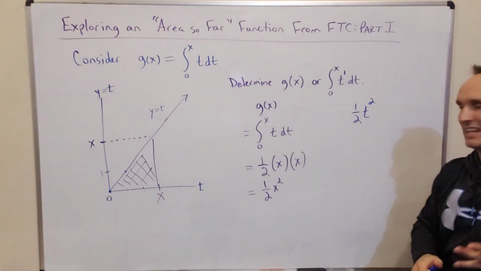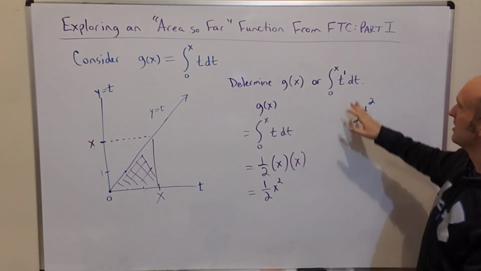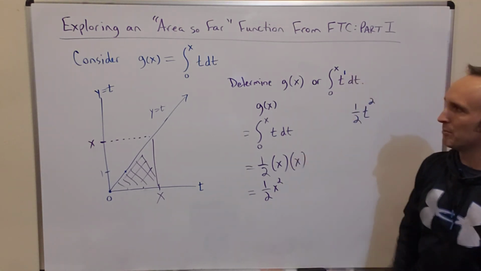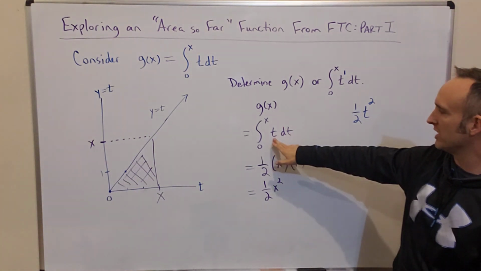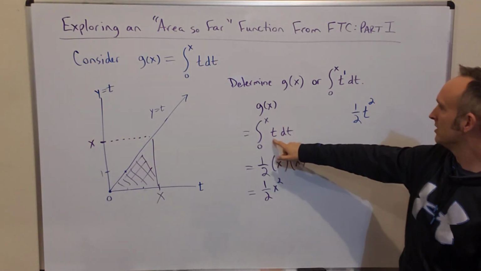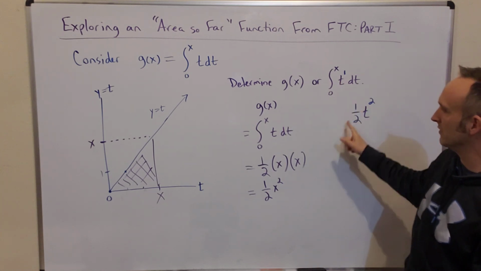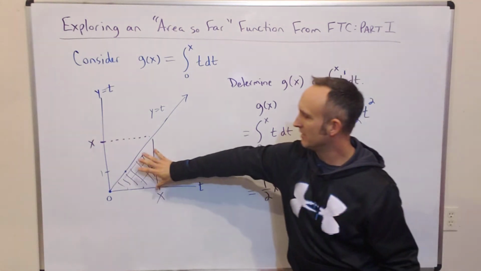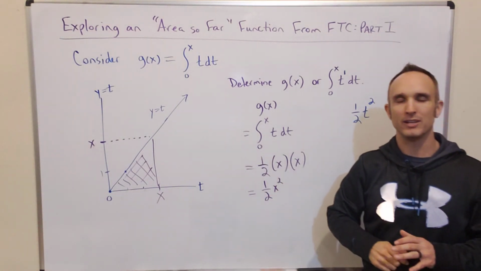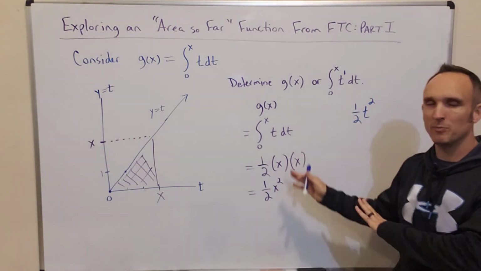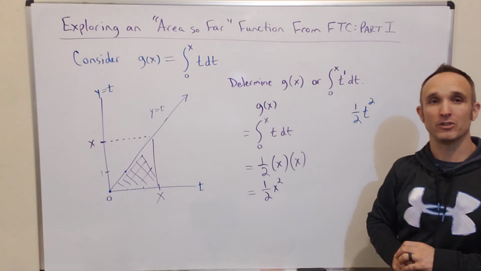So you can see how easy it is in this particular case to understand what's happening with this first part of the fundamental theorem of calculus. And I chose a very simple function here, t, for one, so we could easily do the antiderivative, and two, so we could easily evaluate this integral using basic geometry. So I hope you enjoyed that and hope you better understand this first part of the fundamental theorem of calculus.